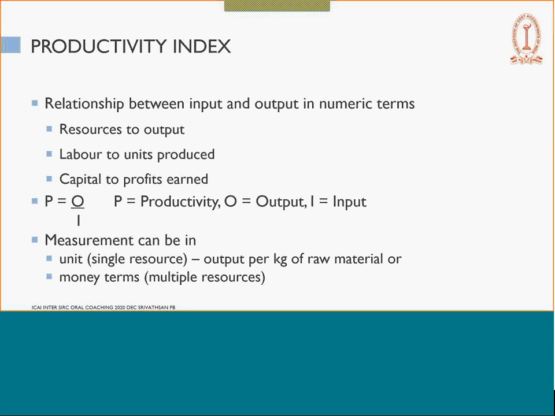Then profits earned: the productivity of capital is your profit as a percentage of capital. You get returns; this is the return on capital employed. So the productivity is between input and output, that is, output divided by input.